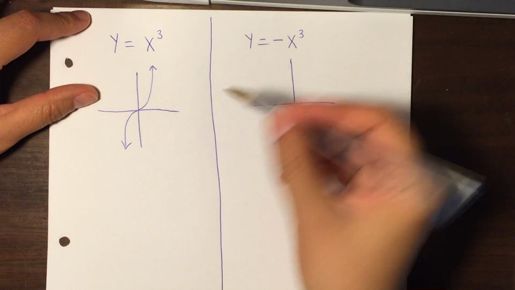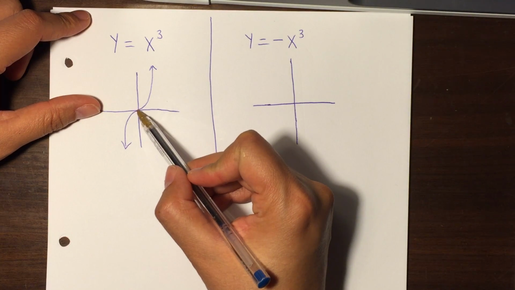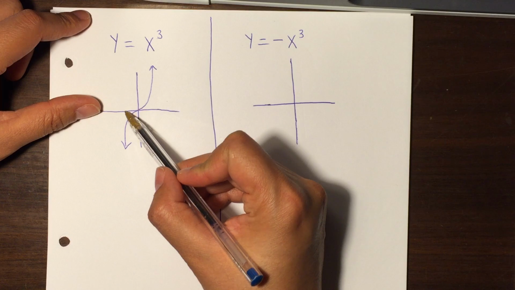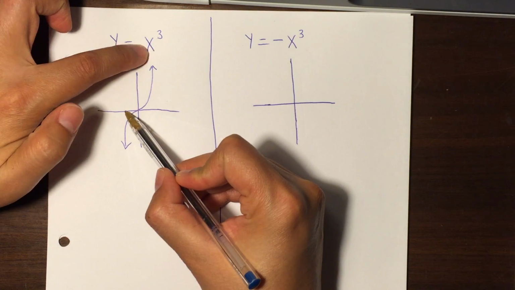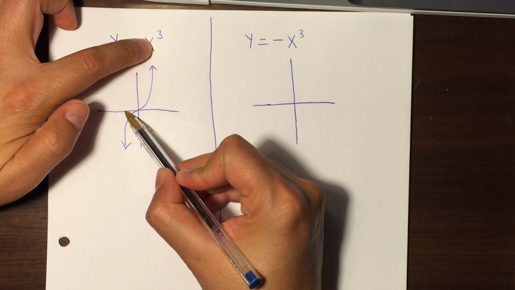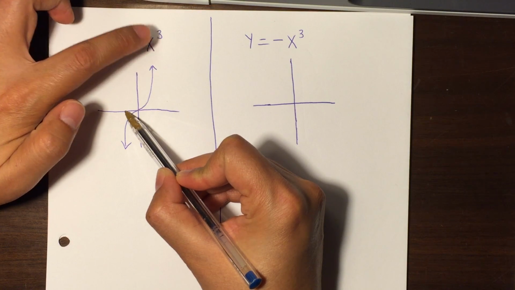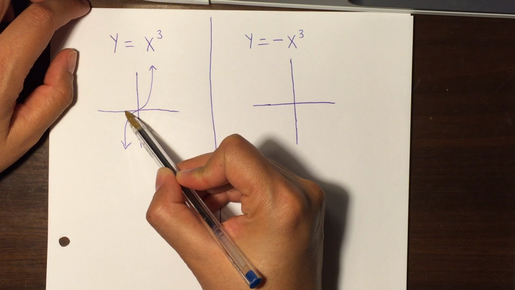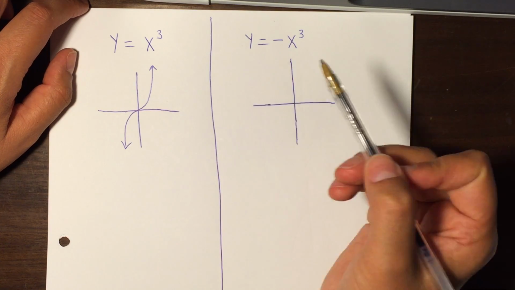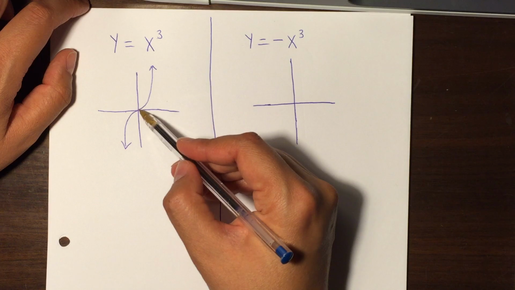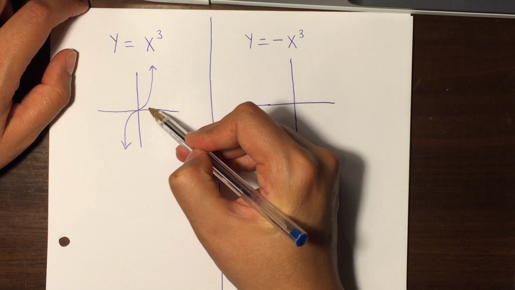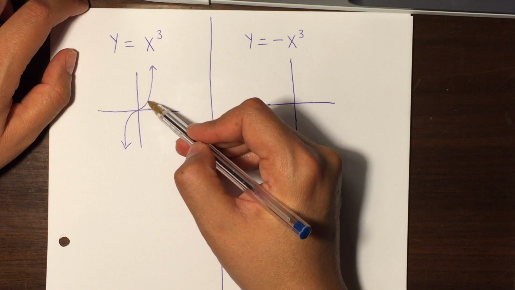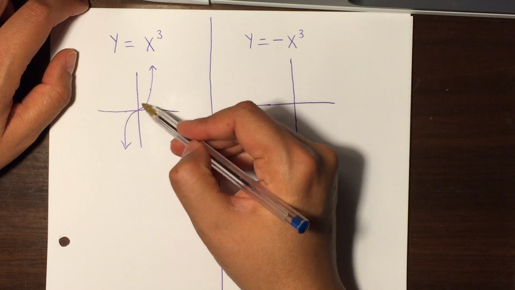Okay, it goes like that. And the reason is because if you have, let's say, negative 2 in here, it means that my x is negative 2, so negative 2 times negative 2 is positive 4. Positive 4 times negative 2 is negative 8, so something like that. Okay, so it goes down. But if we have a positive 2, 2 times 2 is 4. Times 2 is 8, so it goes positive.